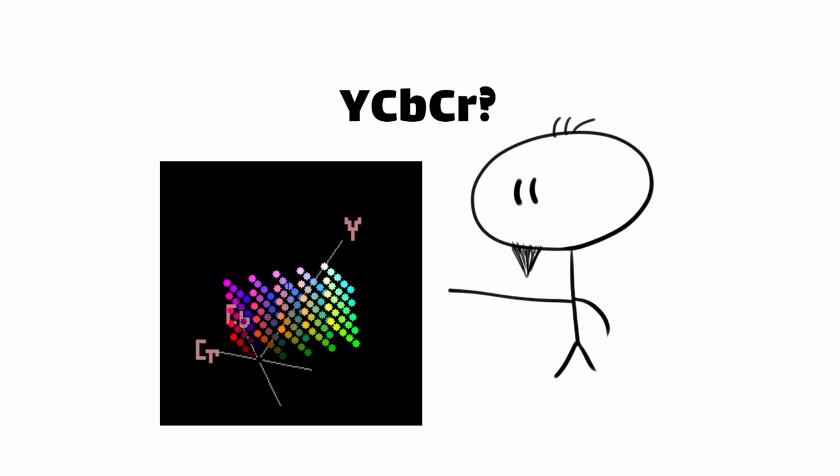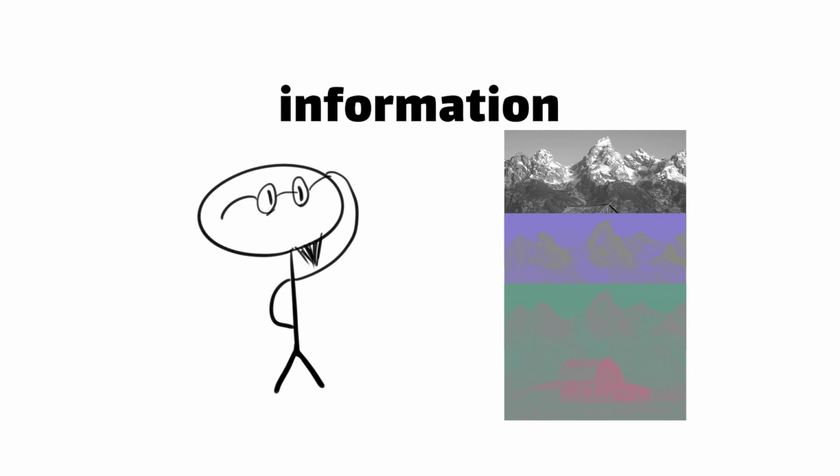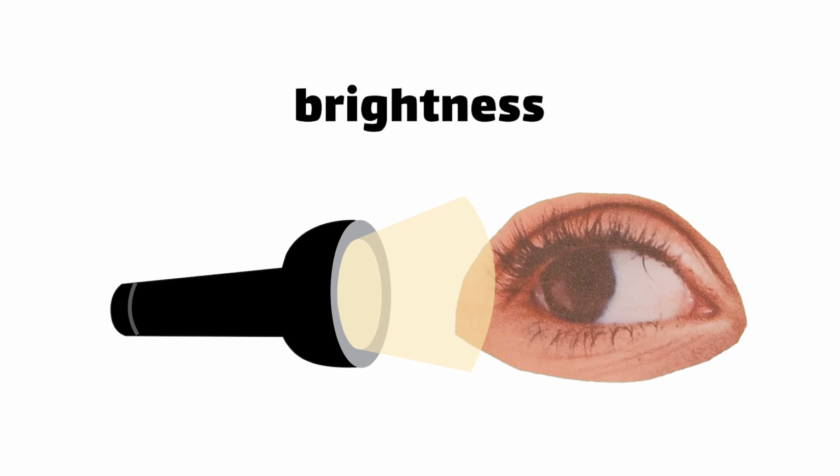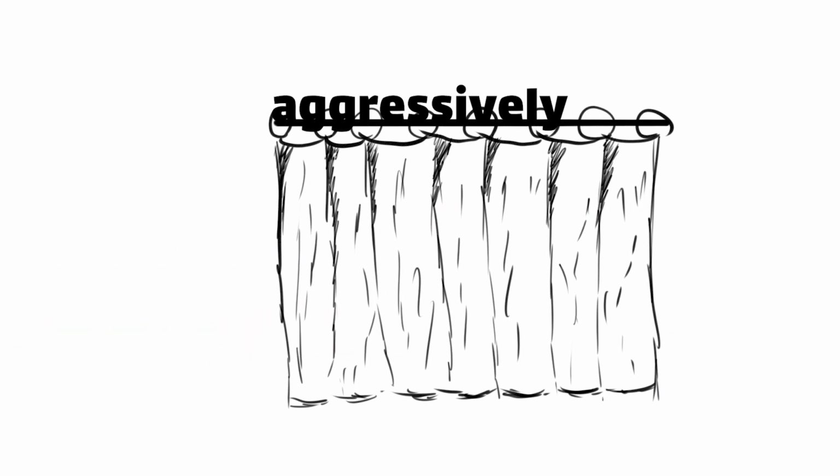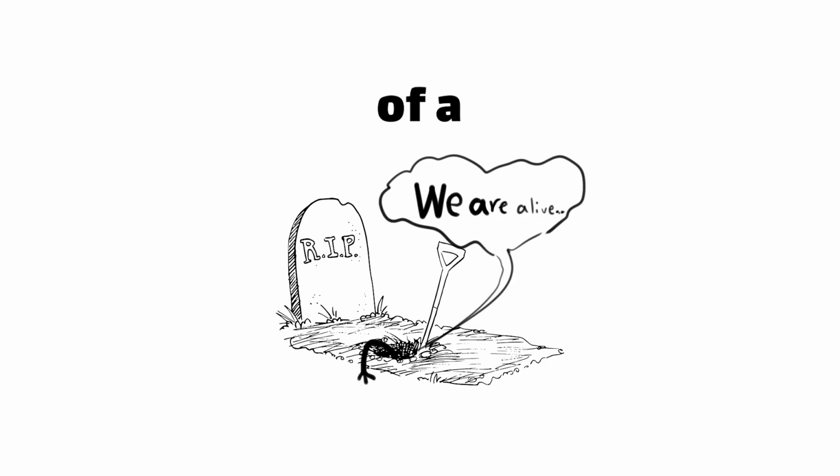Why YCbCr, you ask? Well, that's because this color space separates the brightness information, Y, from the color information, Cb and Cr. And since the human eye is more sensitive to brightness than color, JPEG can compress the color channels more aggressively without us noticing too much of a difference.